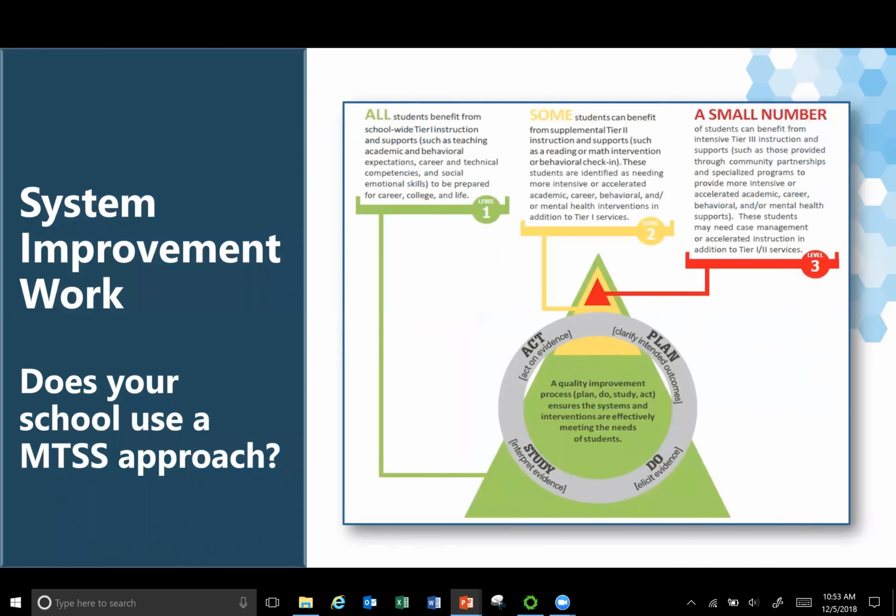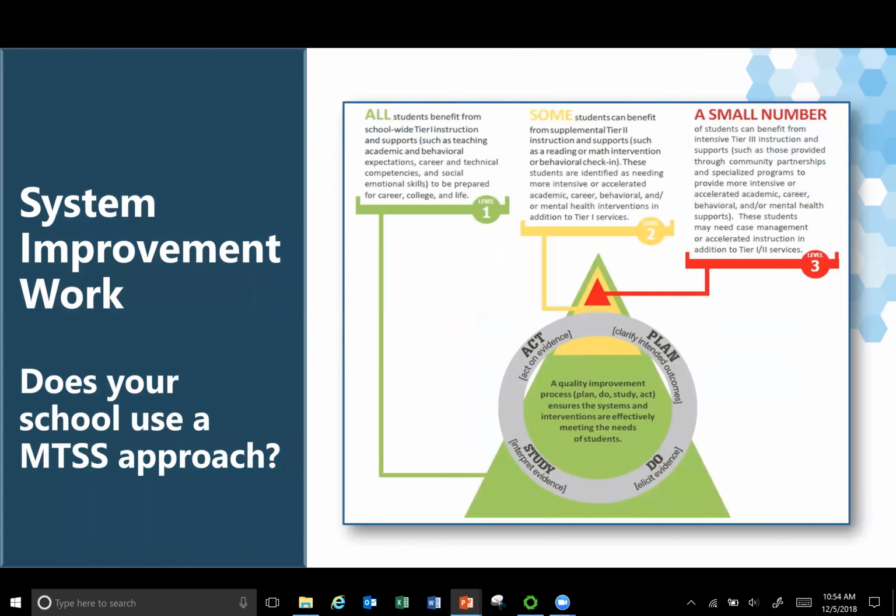We're going to switch gears now and talk a little bit about systems work, in particular the idea of providing tiered systems for our students, where some supports and services are presented and utilized with all of our students in a foundational way.